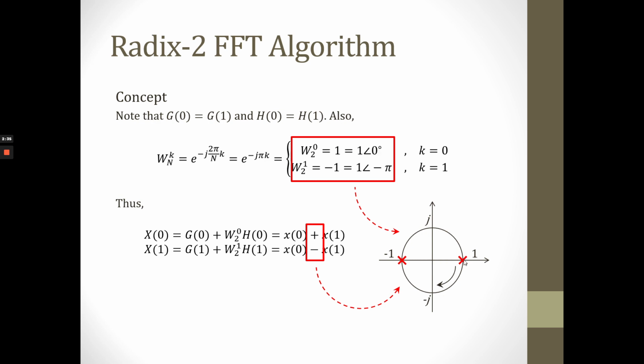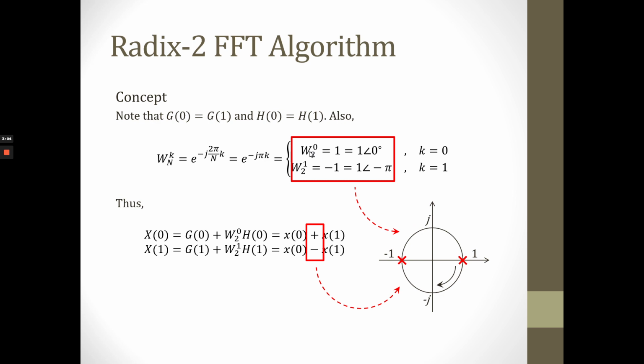For W1, the value is negative 1, the real number, and the magnitude is 1, and the phase is negative 180, negative pi here. Or we also can rewrite this one as positive 180 at this point.